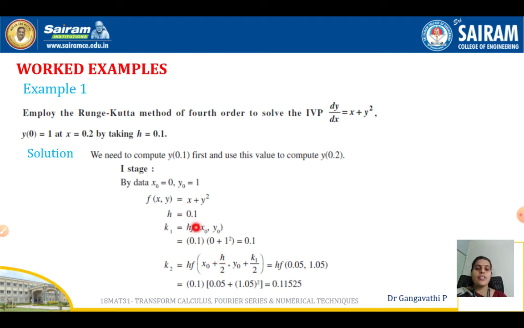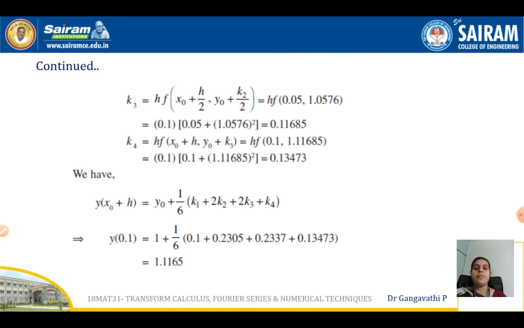This x has to be replaced by x naught plus h by 2 with the suitable values, and y should be replaced by this entire thing, y naught plus k1 by 2. So this is your function. X should be replaced by the first term and y by this term. Substitute the values for h, k1 and evaluate it. We get the answer as 0.11525. So this is your value of k2.